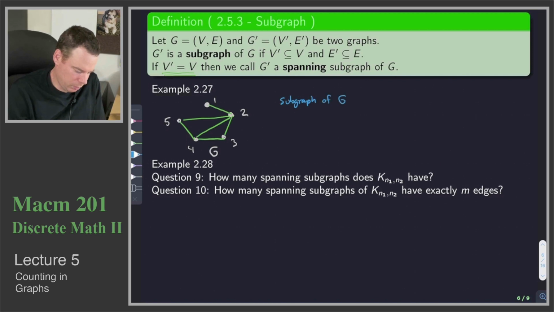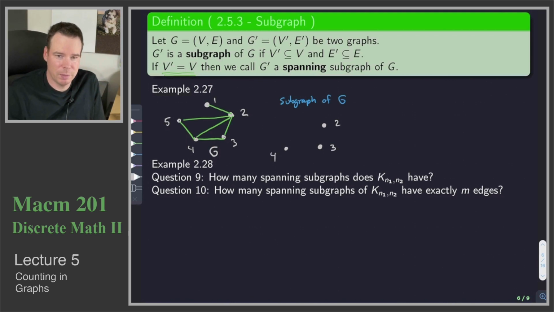Well, for example, it's got to have a subcollection of the original vertices. So maybe we'll take 2, 3, and 4. And then I also have to make sure that the edges I'm using are a subset of the collection of edges from the original graph. So in this case, I will pick these two edges. So there's a subgraph of G.